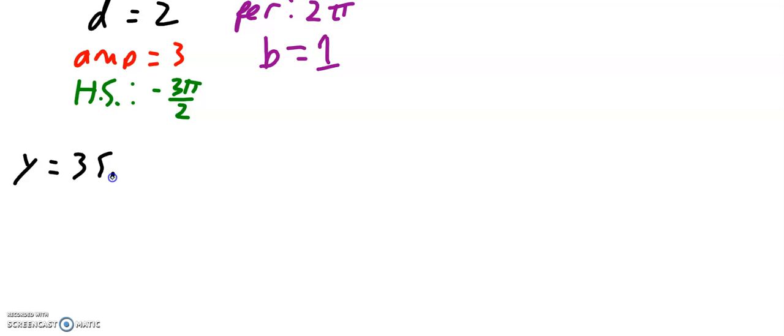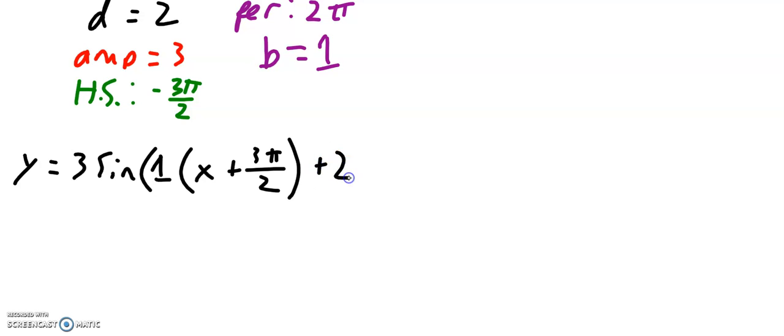So 3 sine of, if I want to factor out, my b value is 1. So just for the sake of understanding what this looks like, I'm going to write it like this, although the 1 is not necessary. Since it's negative 3π/2, I'm going to do plus 3π/2, and then our vertical shift was 2, so plus 2. So that is one correct answer.